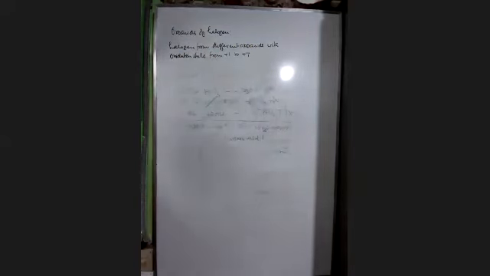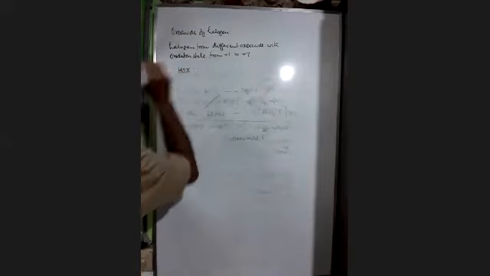So I'll write down what are their names. Suppose it is HOF. So these are called Hellas acid.